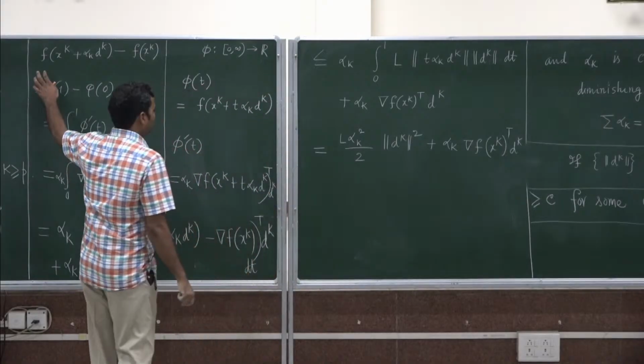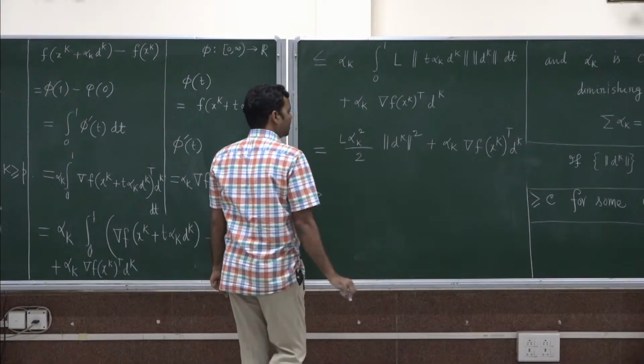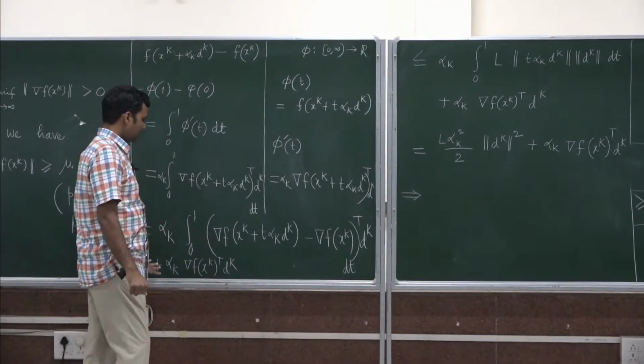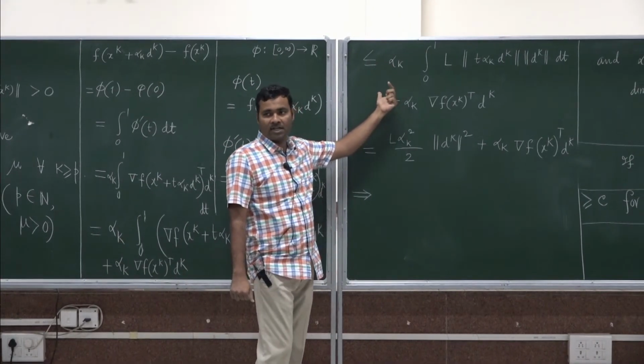So we have ultimately a neat inequality, and this inequality is not related with the diminishing step size. This entire derivation is under the general assumption that the function f has gradient Lipschitz.